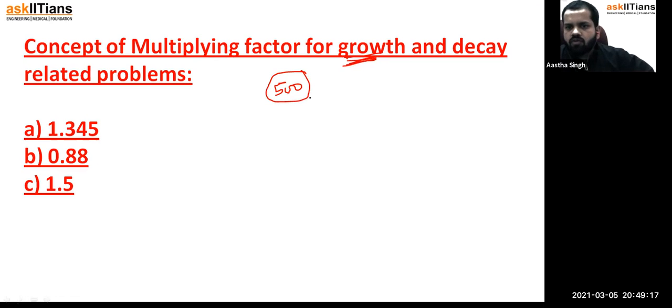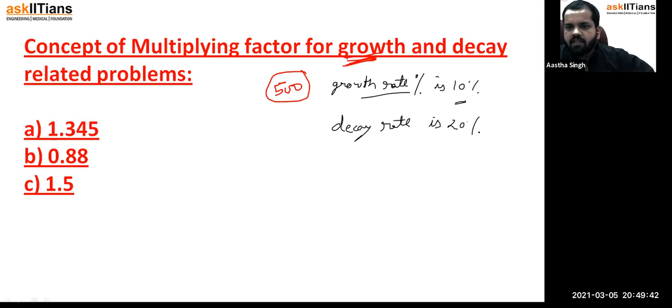Suppose your item costs 500 and you have said that its growth rate percentage is 10%. It means its value will increase. And if the decay rate is 20%, it means its value will decrease, right or not?